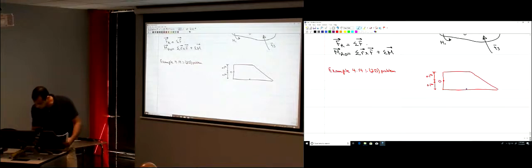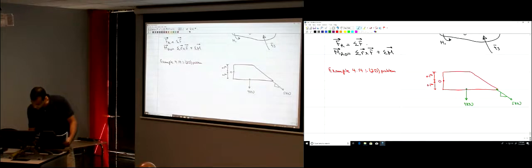Let's throw this in green. I have a vertical cable here pulling this object down with a force of 4 kilonewtons. I have another cable here attached to this pulling it by a force of 5 kilonewtons.